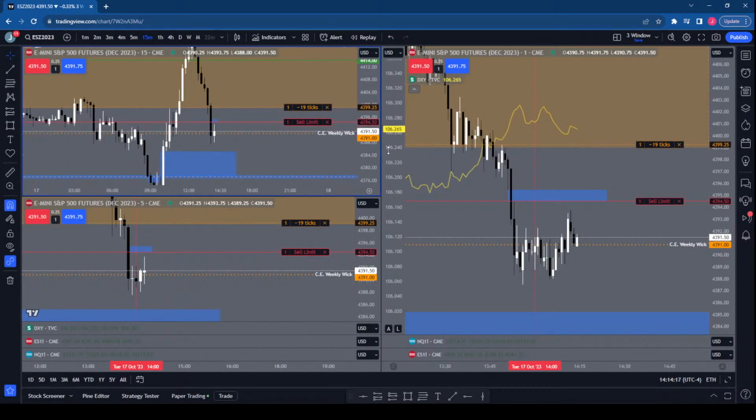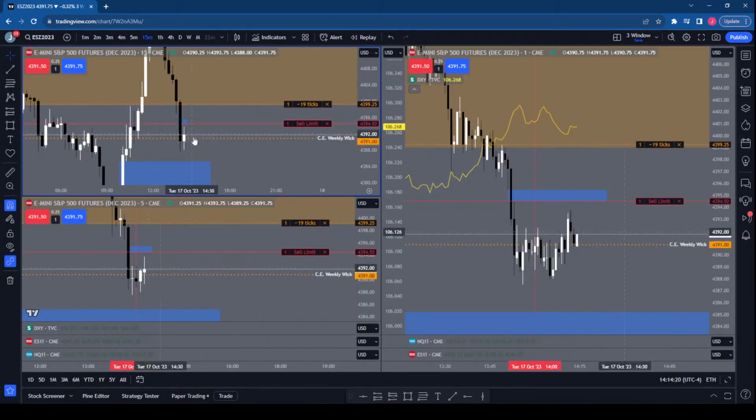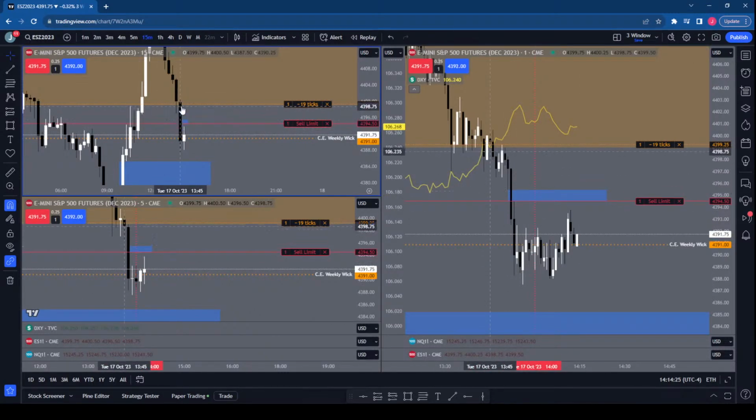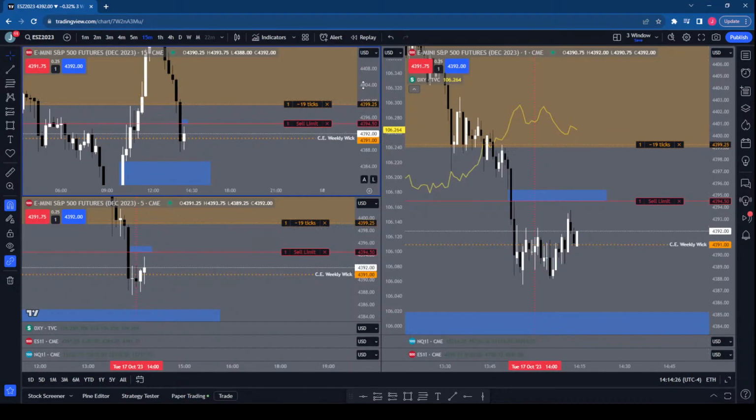I'm interested. We have a minute left before the next 15-minute candle prints, and it looks like this fair value gap will be sitting within a 15-minute fair value gap.